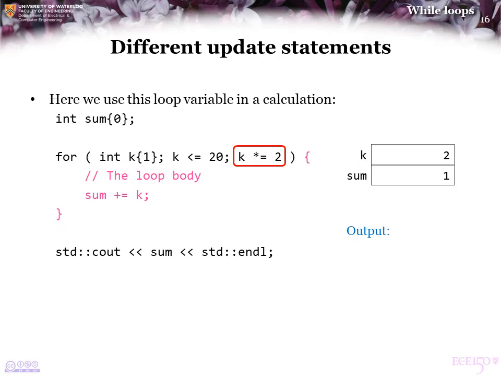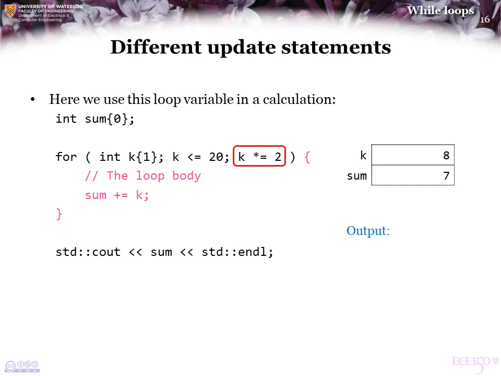k is still less than or equal to 20. We execute the body. That adds 2 onto the sum, which is now 3, and we multiply k by 2. The condition is still true, so we execute the body, adding 4 onto 3 to give 7, and we multiply k by 2.